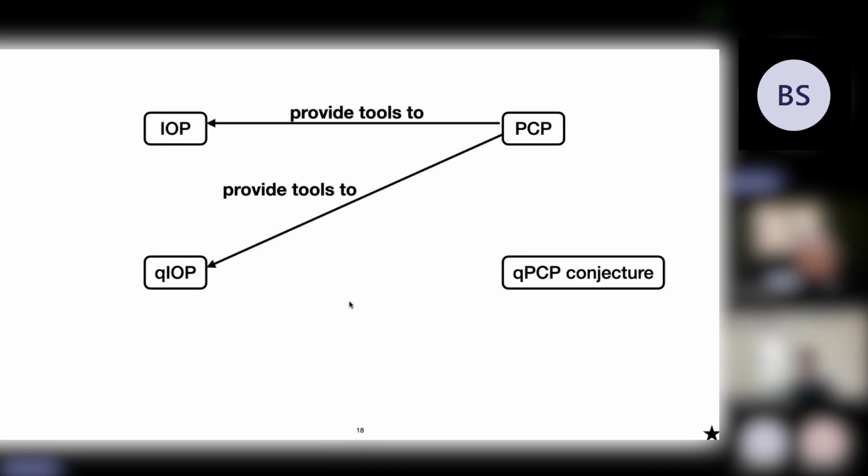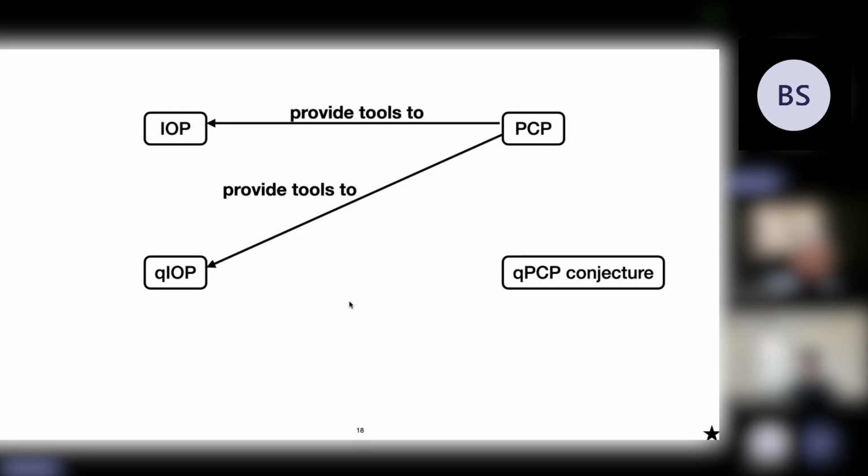On the other hand, for IOP, the point is to make more efficient PCP. So they cannot really use the whole thing, but they can use the components inside of PCP. For us, we can use PCP or even PCPP as a whole thing.